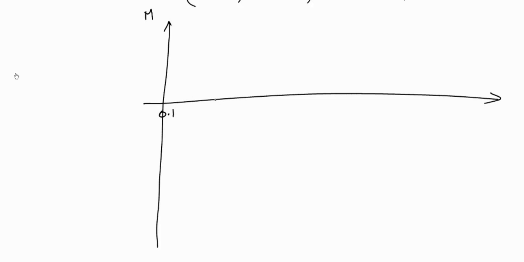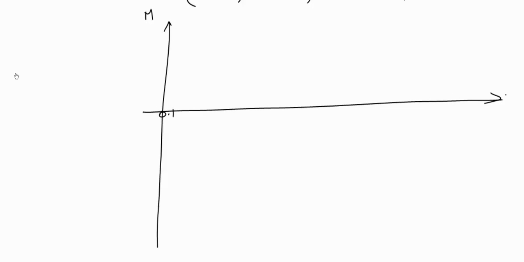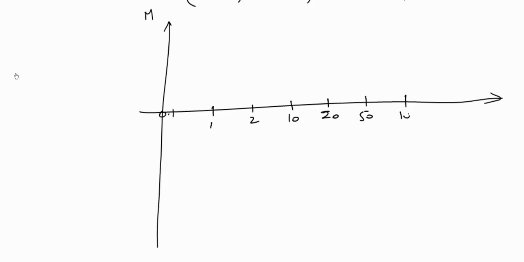So 0.1, 1, next we have, we'll start with 0.1, then I'll consider 2. So actually before 2 I should take 1 also. So 1, 2, then I have 10, 20, 50, 100, 200 and 500.